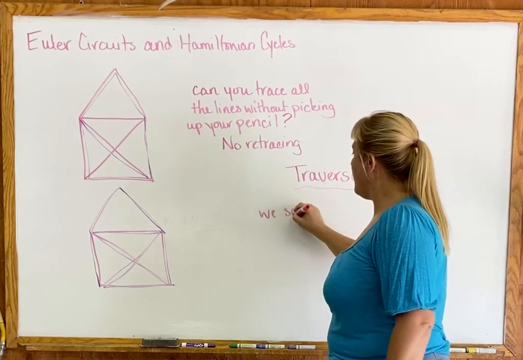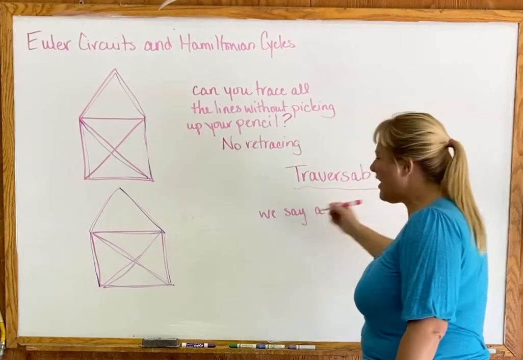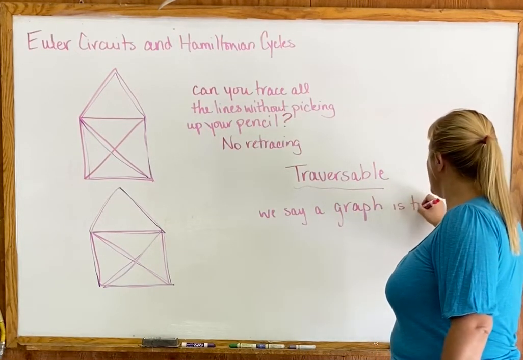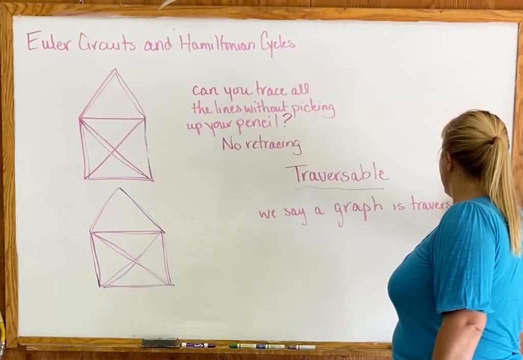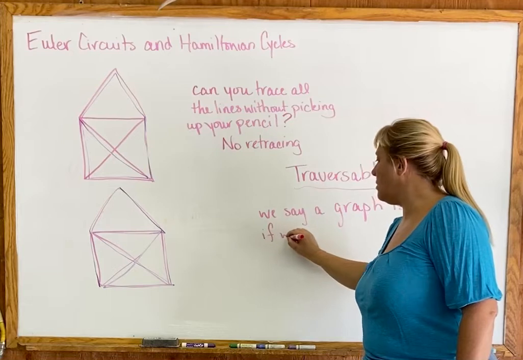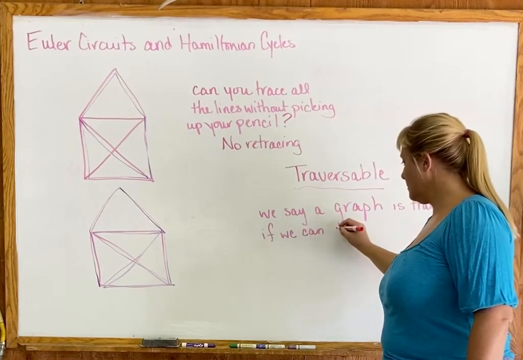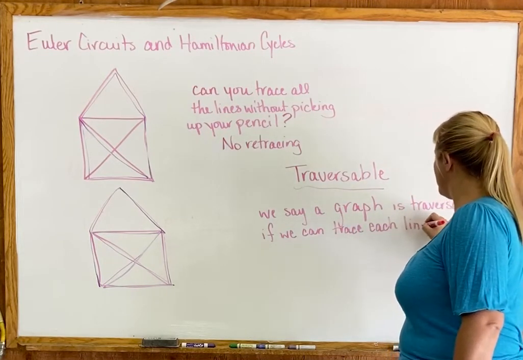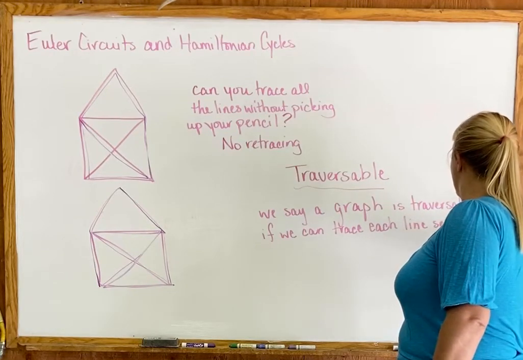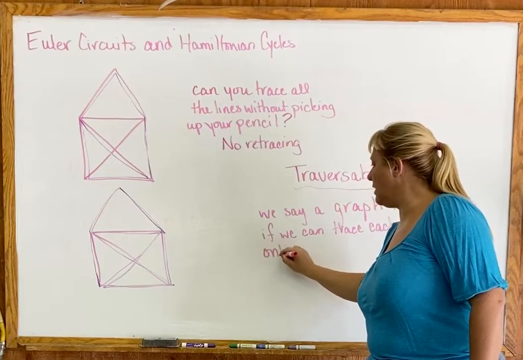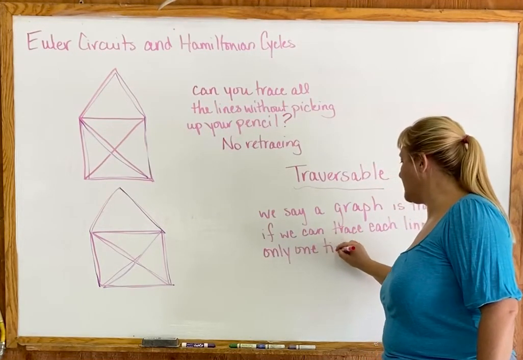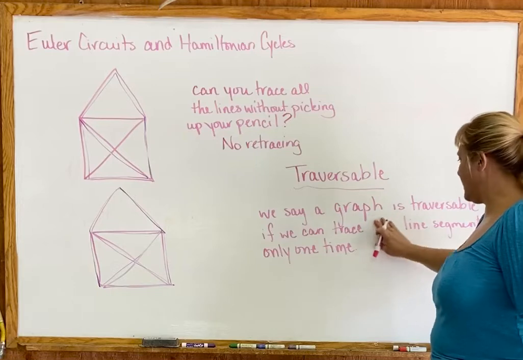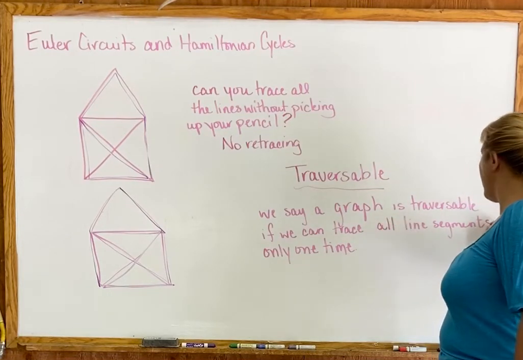We say a graph is traversable if we can trace all line segments only one time.